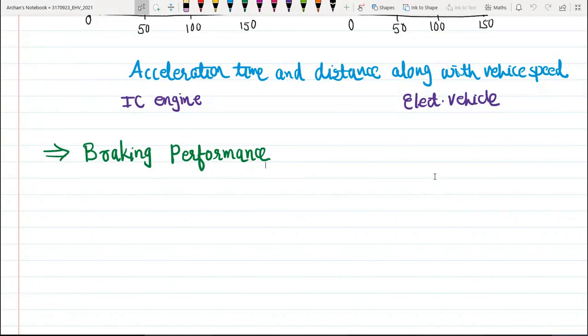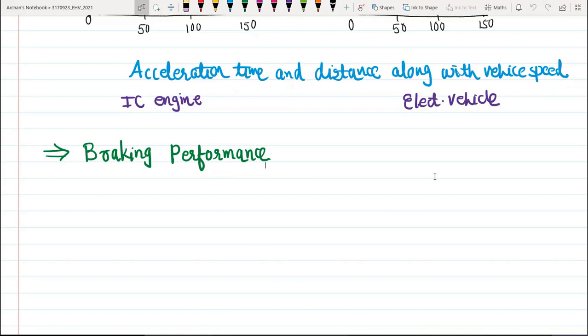Somehow if we manage to use the kinetic energy of the vehicle, then it will help us to charge the battery. Whatever power we are drawing from the power plant, we must be able to give some power back to the power plant or use that power to charge the batteries. Whatever amount of power we are able to use, that is called regenerative capability.